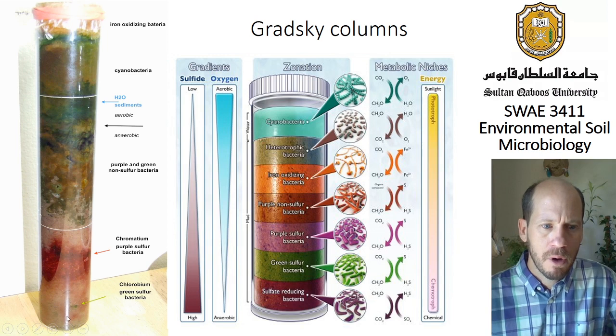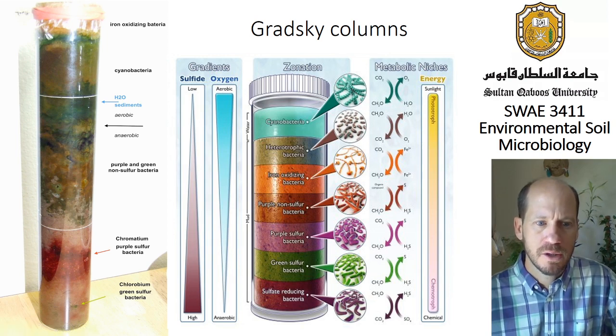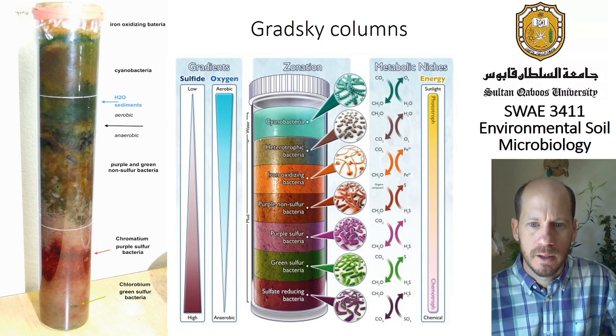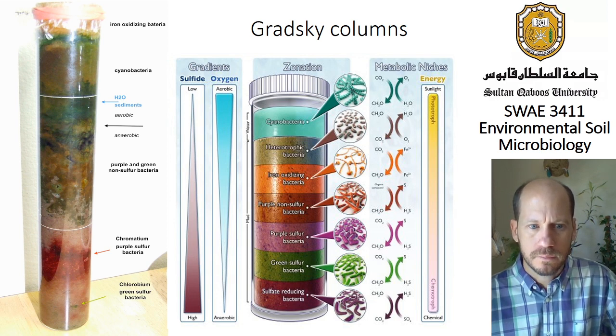In the very bottom, you will have the most anoxic condition, and because of these highly reducing conditions, you will build up hydrogen sulfide, which is toxic for most organisms. Then as you go up, you will find different strata of microbes.